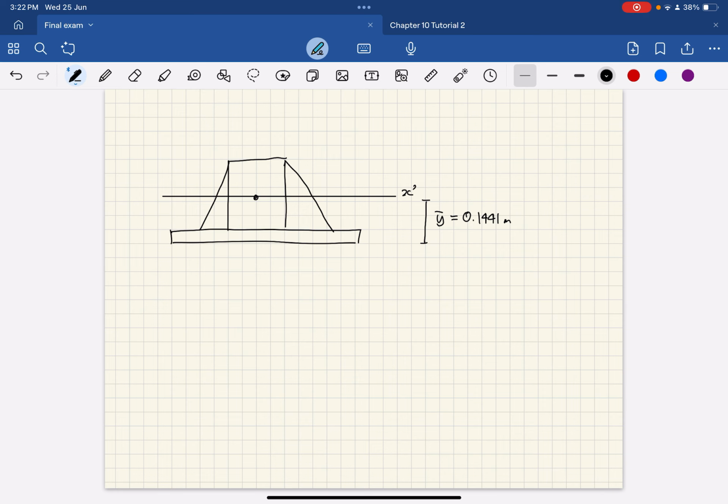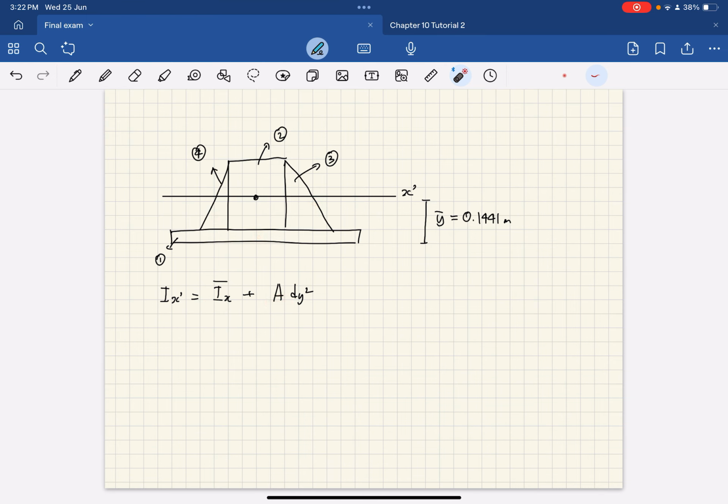Now to find the moment of inertia for all the sections, section 1, section 2, section 3 and section 4, we have to use the parallel axis theorem, which is Ix prime equals Ix bar plus A dy squared. Okay, so Ix is the moment of inertia with respect to the x-axis for each of these shapes.